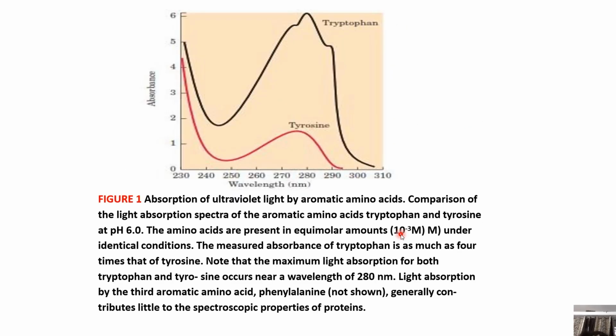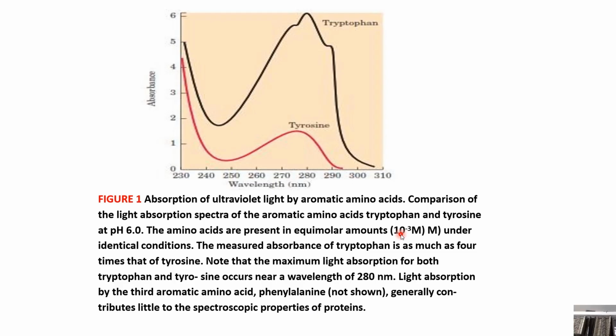If you see this graph, on the x-axis we have wavelength, on the y-axis is absorbance, and it shows the absorption of ultraviolet light by aromatic amino acids, a comparison of the light absorption spectra of the aromatic amino acids tryptophan and tyrosine at pH 6. The amino acids are present in equimolar amounts and under identical conditions, and the measured absorbance of tryptophan is as much as 4 times that of tyrosine.